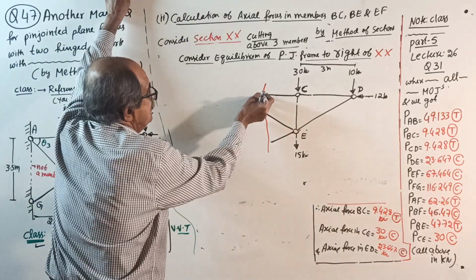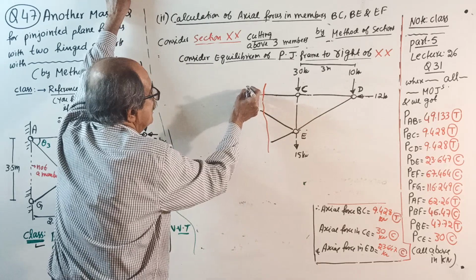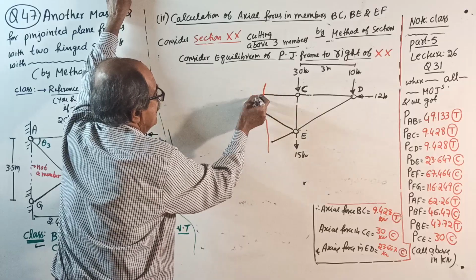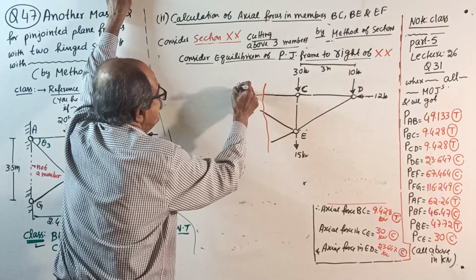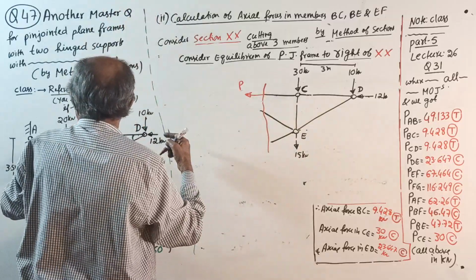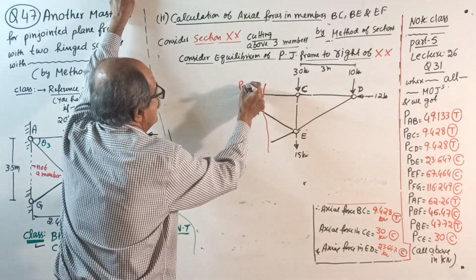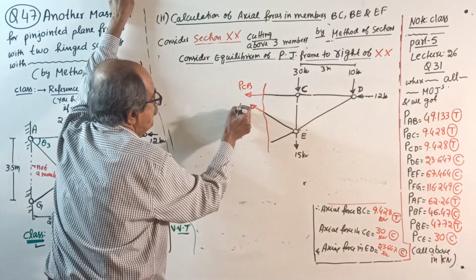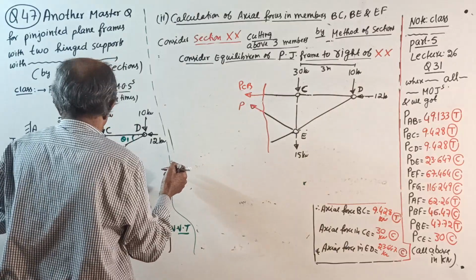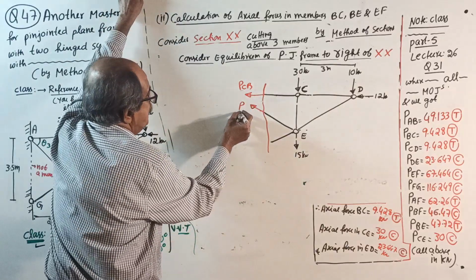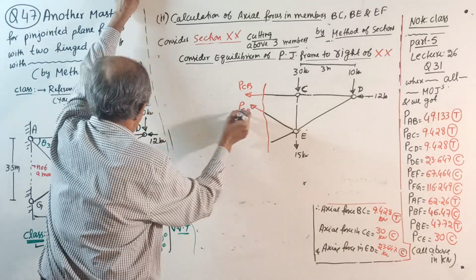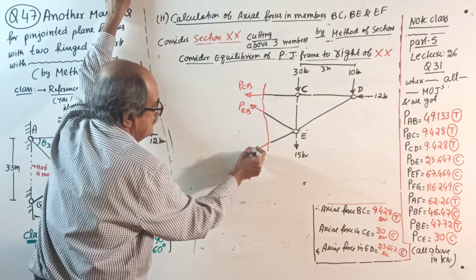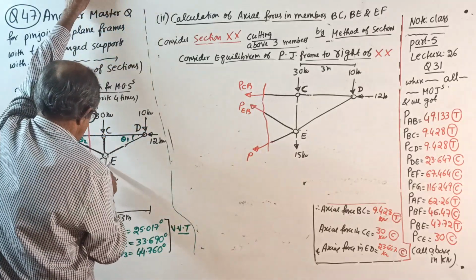Now, this force is P CB. This force, continued, is P EB, see here, E to B. This force continued is P EF.